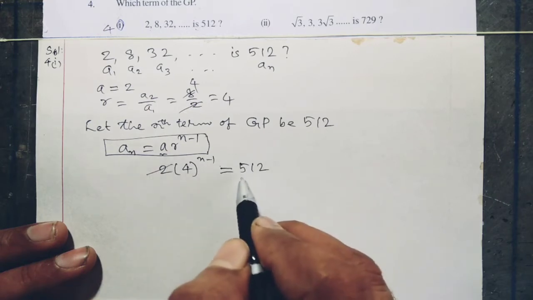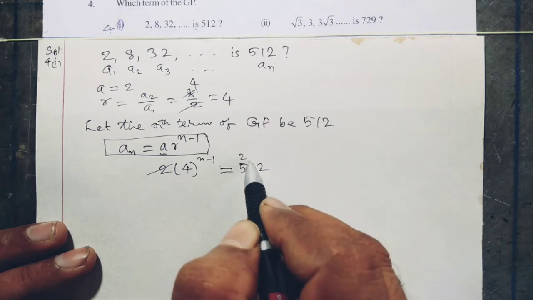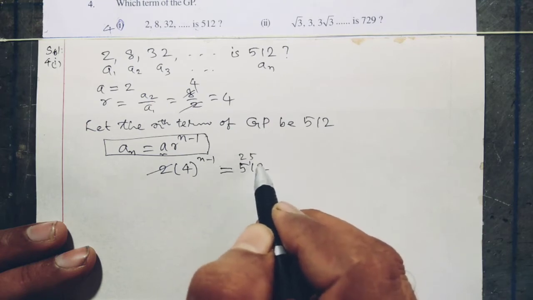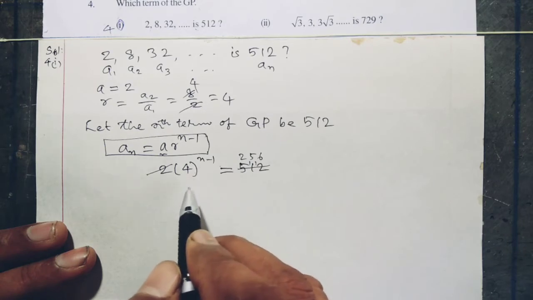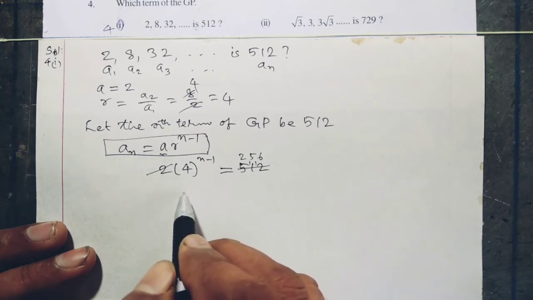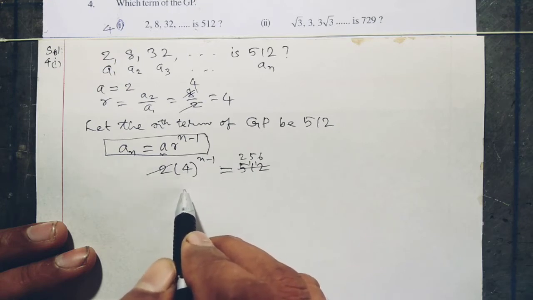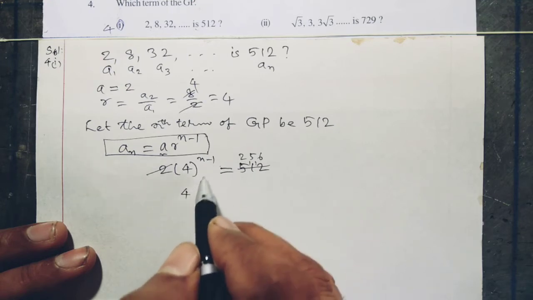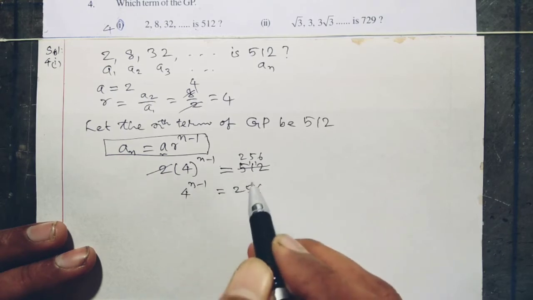2 ones are 2, 2 twos are 4, 2 fives are 10, 2 sixes are 12. So 4 to the power of n minus 1 is equal to 256.